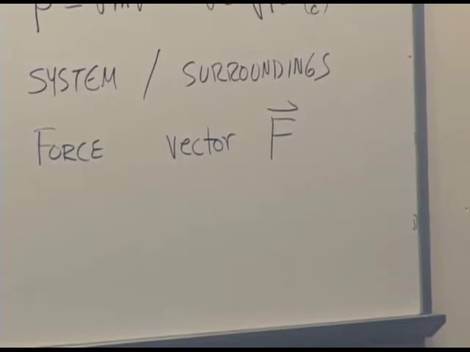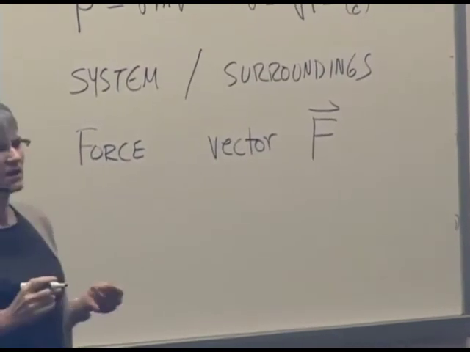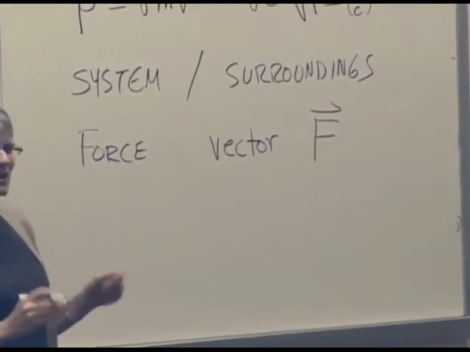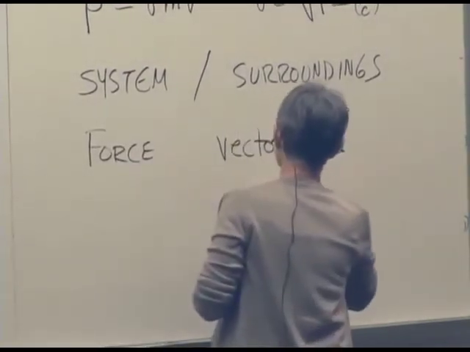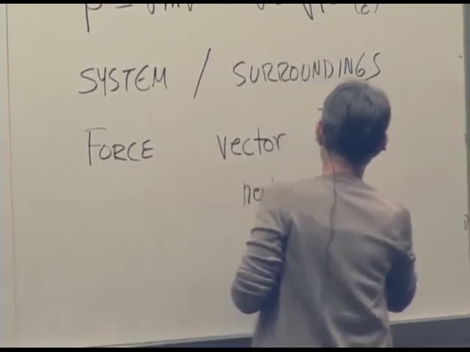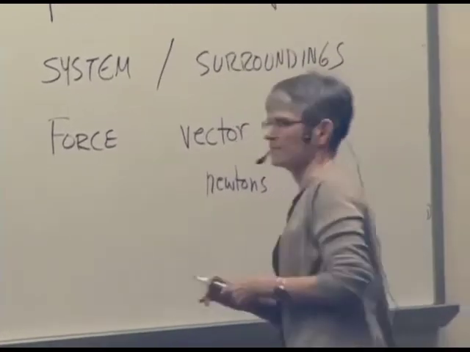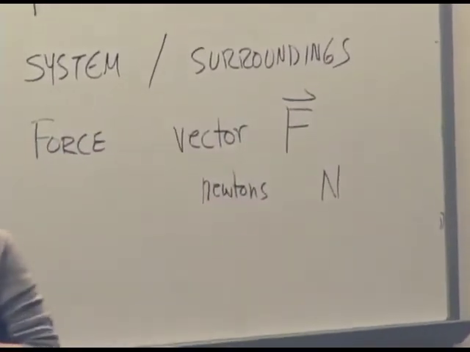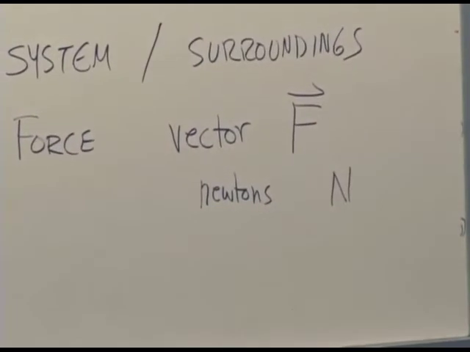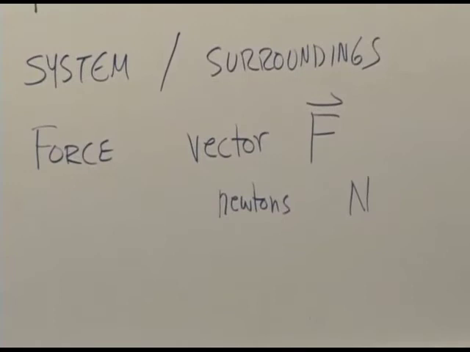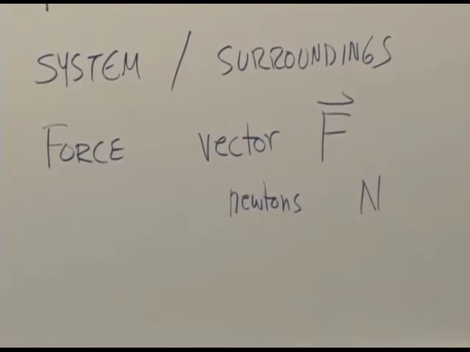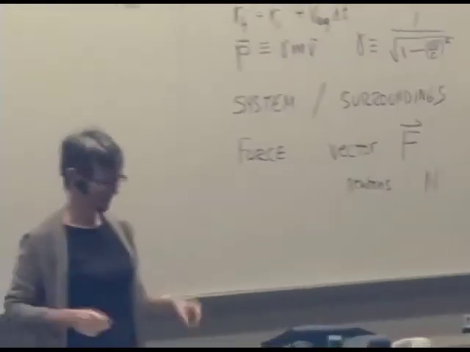And the unit of force, in honor of Isaac Newton, is a Newton. So it's measured in newtons, and it's abbreviated N. It makes it easy to remember what a Newton is to realize that the magnitude of the force exerted by the Earth on a small apple is about 1 Newton.